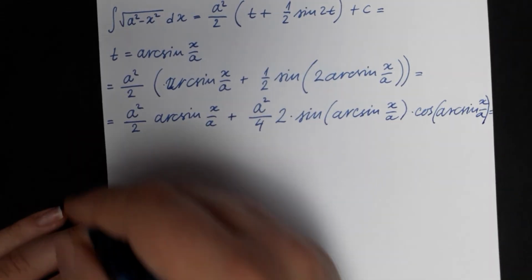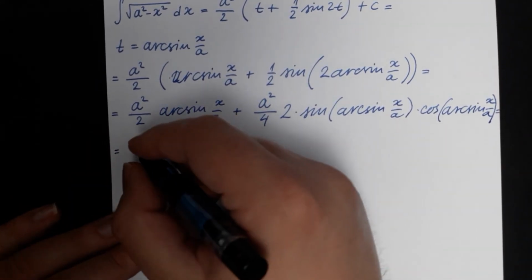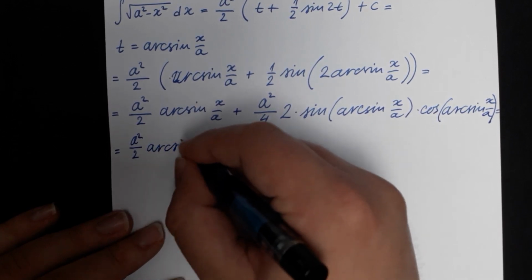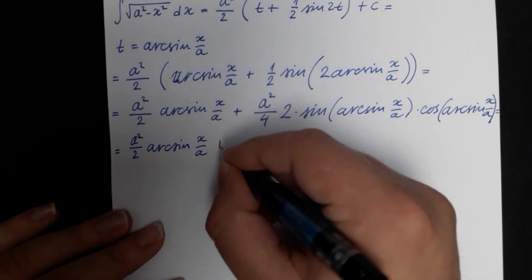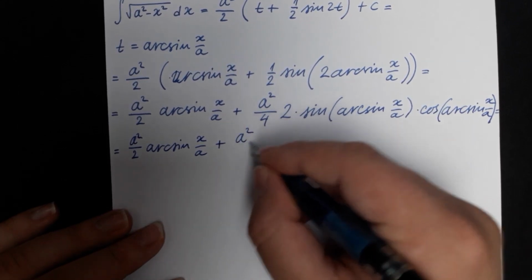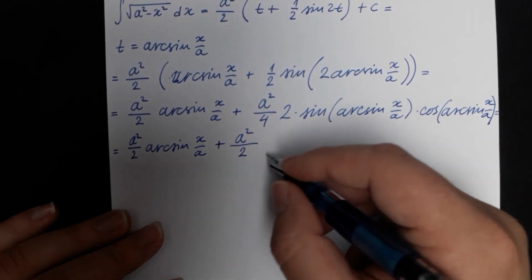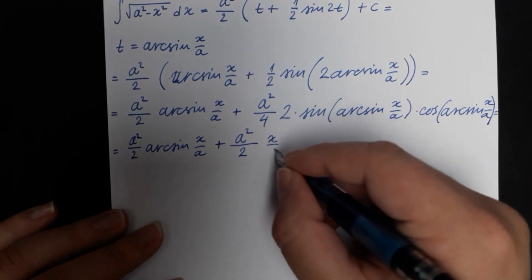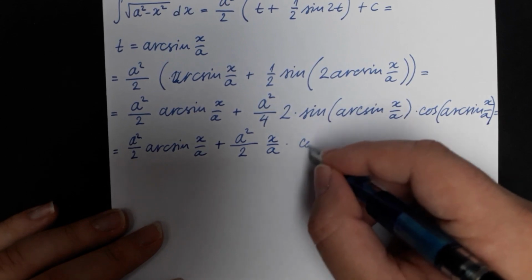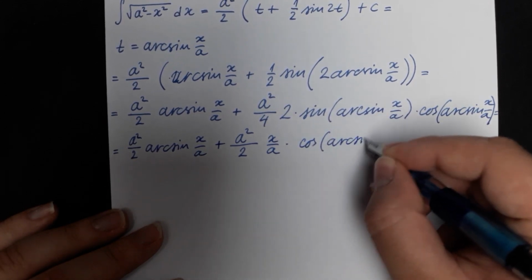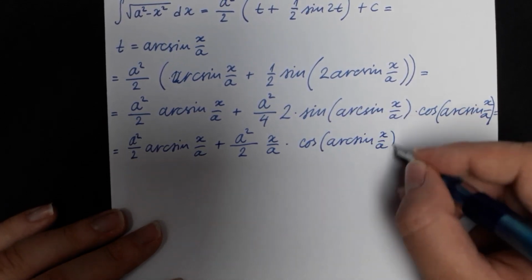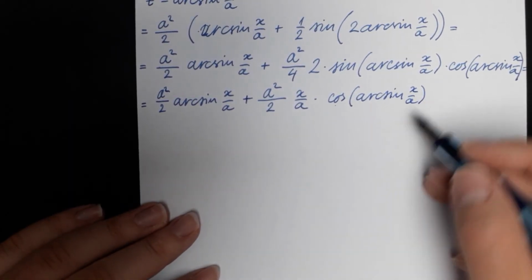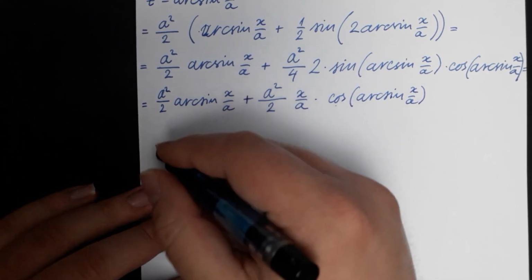Closed bracket. And this is then equal to a squared over 2 arcsine of x over a plus a squared by 2 times the sine of arcsine of x over a, which is x over a, times the cosine of arcsine of x over a. So our question now becomes, what is the cosine of arcsine of x over a?